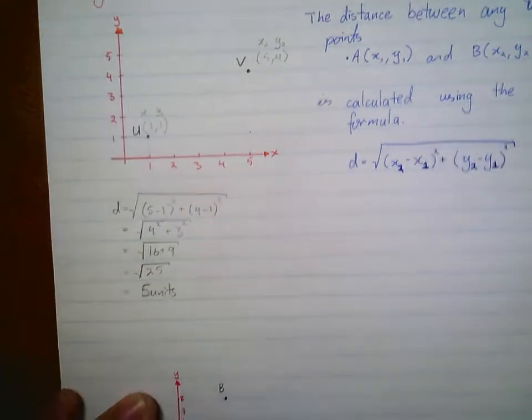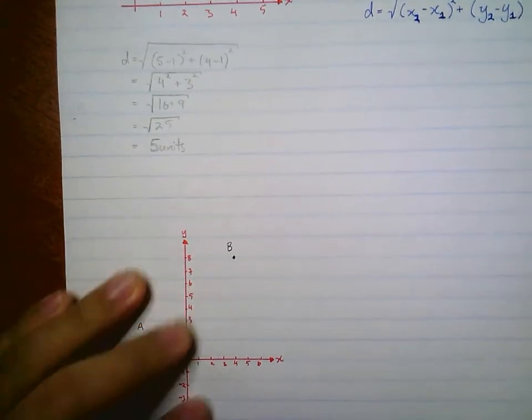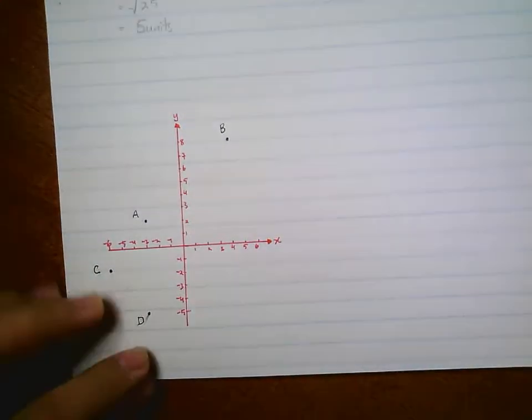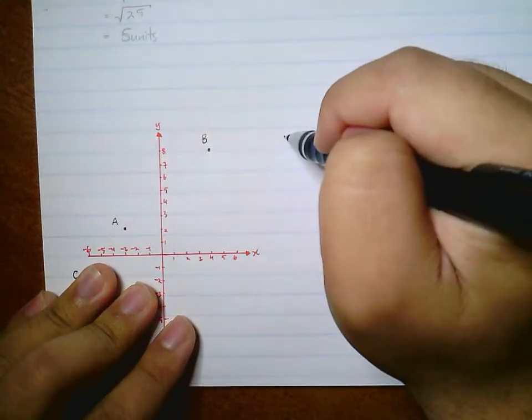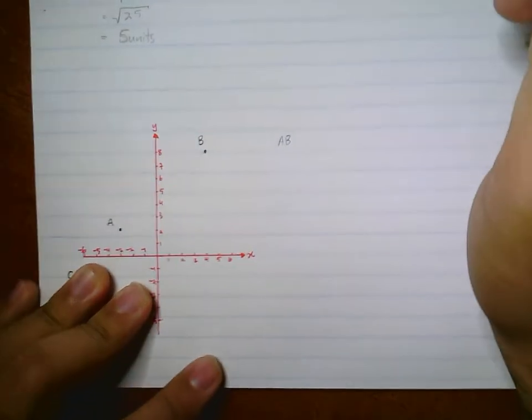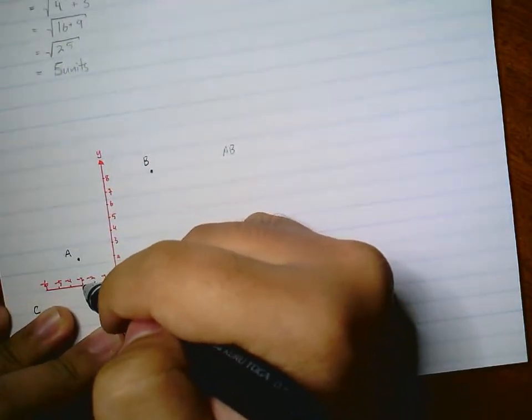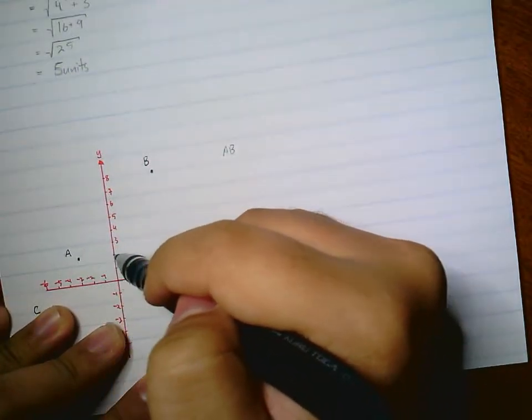So let's do another example here. Let's take a look at these two at the bottom. Let's calculate distance AB first. So let's find the coordinates of A. It's negative 3, 2.